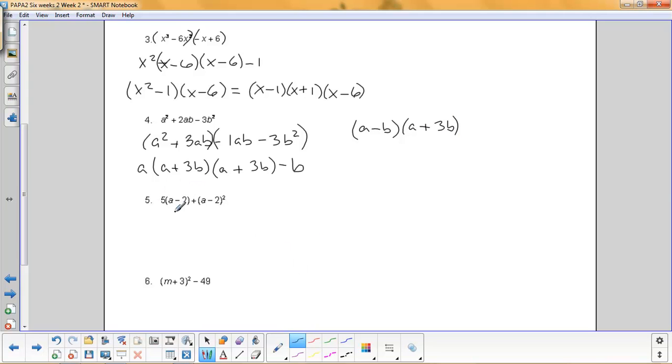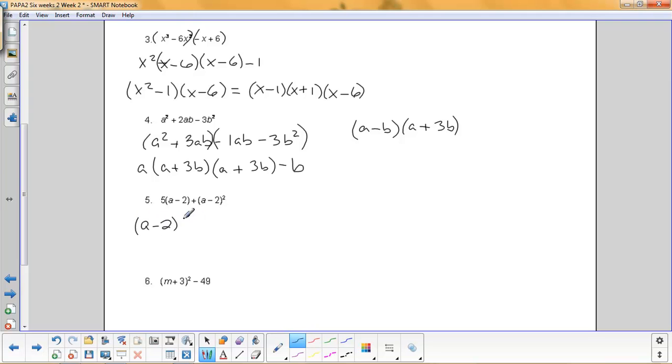You have to look at this one from a different perspective. If you look carefully at it, you're going to be able to see what it is that is factorable and what is the same. So in this particular case, each of these terms has a common factor of a minus 2. So you can factor out a minus 2.